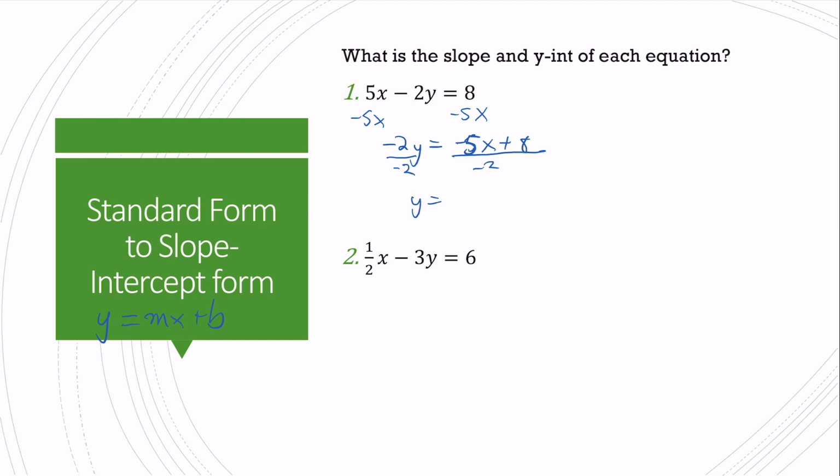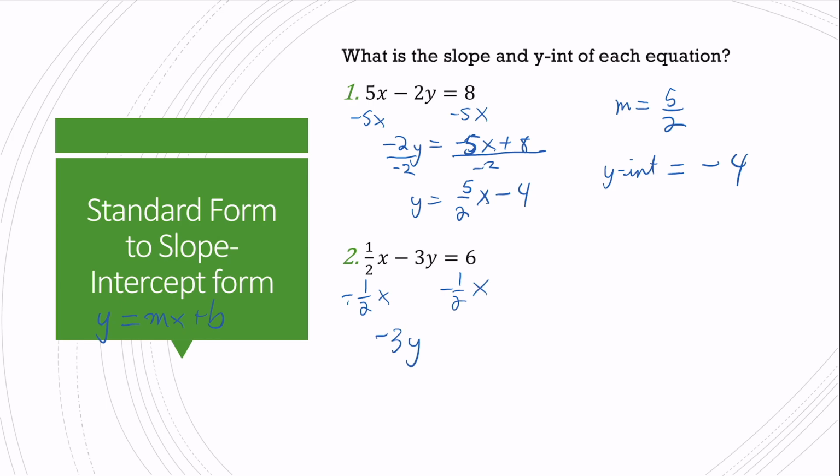I get y is no longer negative, but a positive 5/2 x, and 8 divided by negative 2 is negative 4. So here, my slope, or m, is 5/2, and my y-intercept is negative 4. For example 2, I'm going to go ahead and subtract 1/2 x from both sides.